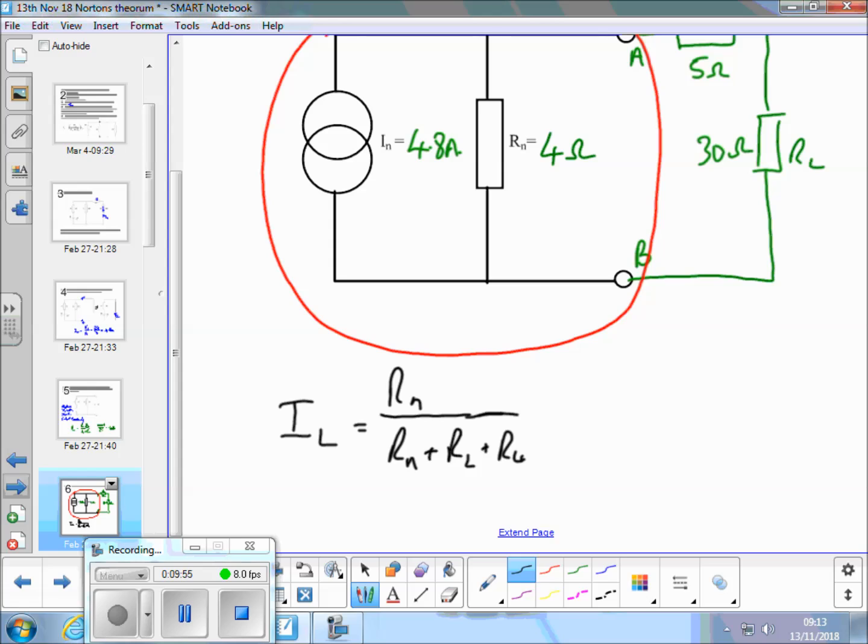Alright, so that's 4 over 4 plus 30 plus 5, 4 over 39.